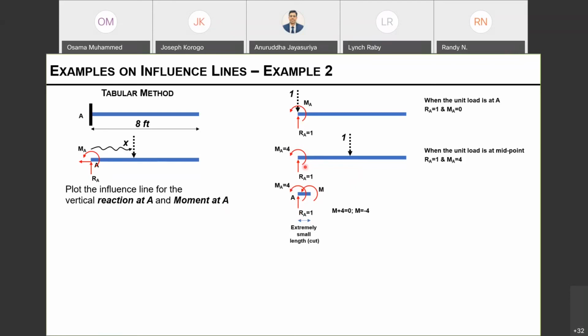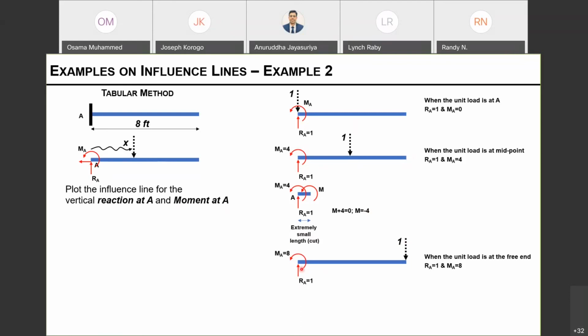If I write the equation for the moment for this piece, I will have M, the internal moment in the positive way because this is the left hand side of the cut. So M plus 4 is 0, and my M is equal to -4. Now I'm going to move my unit load from midpoint to the free end.